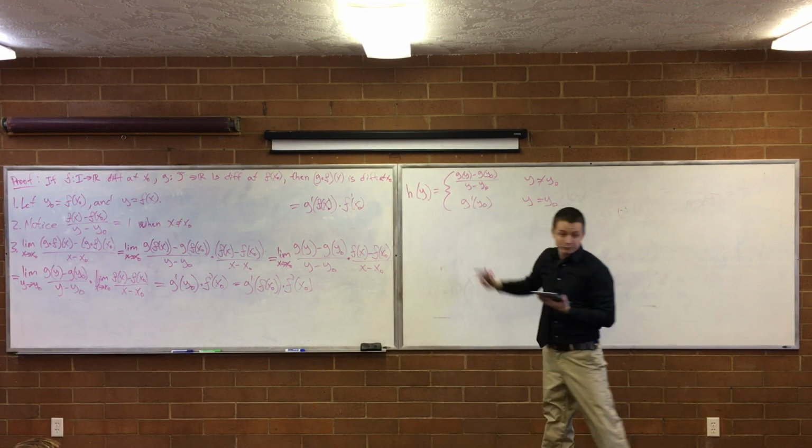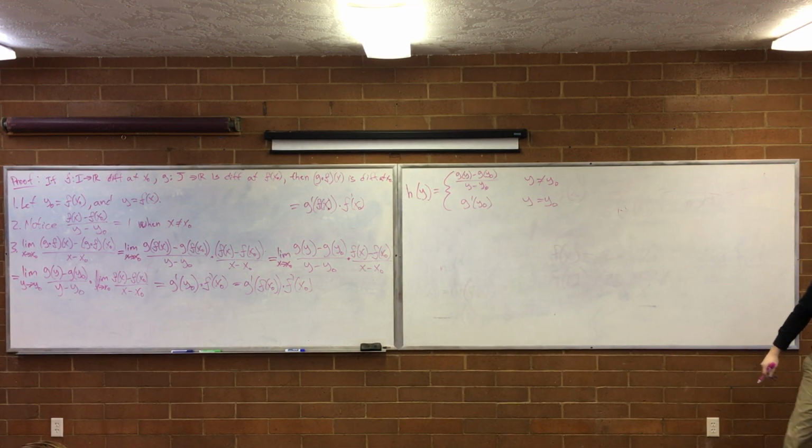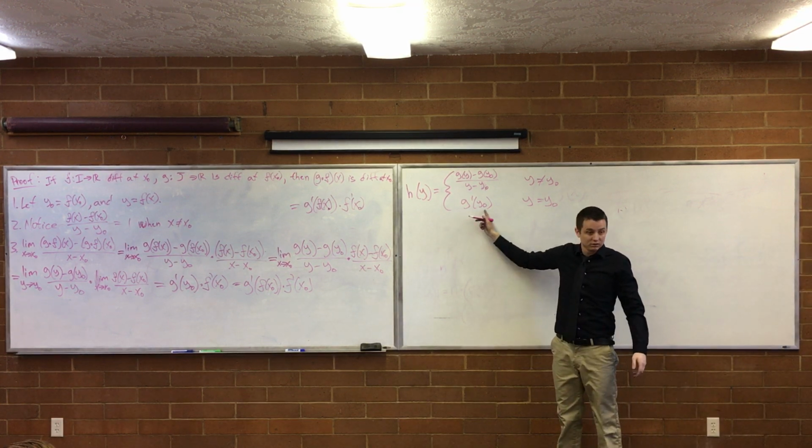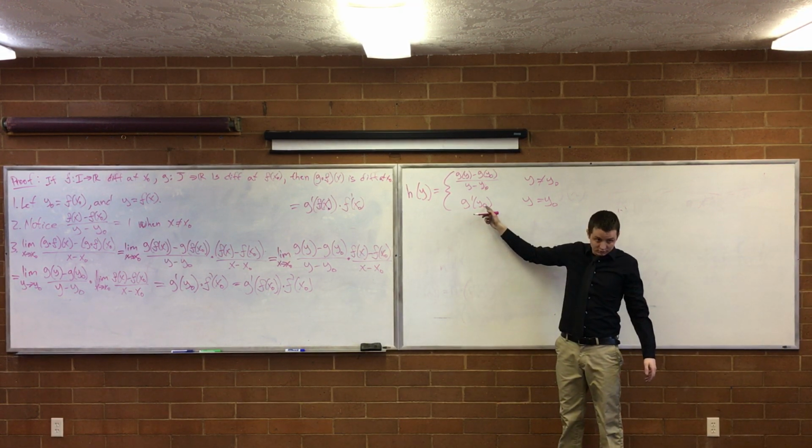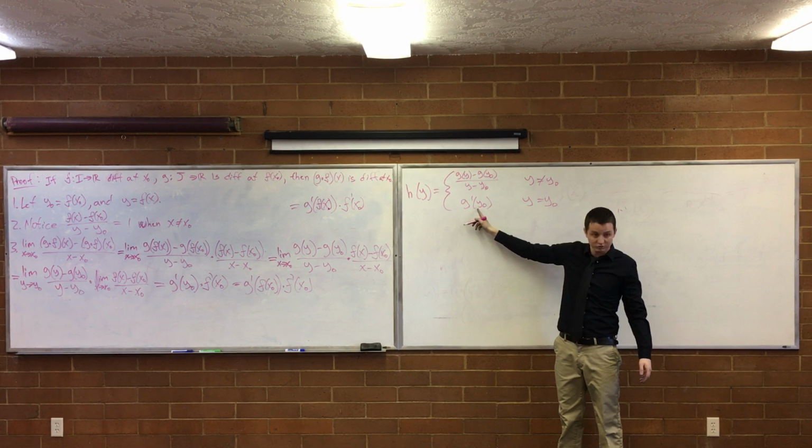Now remember, g is differentiable, so g prime of y naught is defined. So this is a number, we're good.